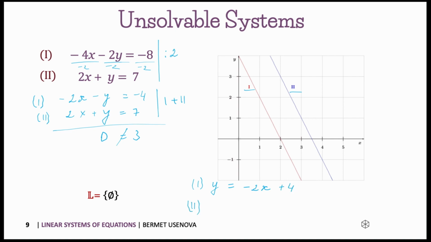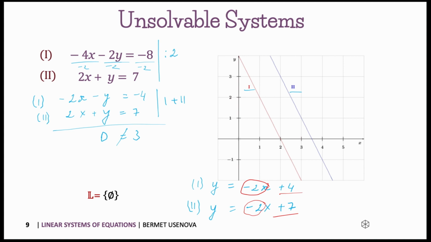For the second equation, we will just move 2x to the other side, which gives us -2x plus 7. If we look at the slopes of these equations, you see that they are the same. Just the y-intercept is different. Thus, they are parallel. They intercept the y-axis at different points, but the slope is the same.